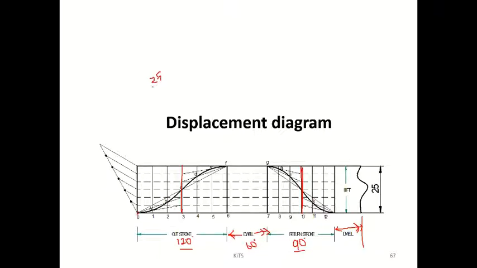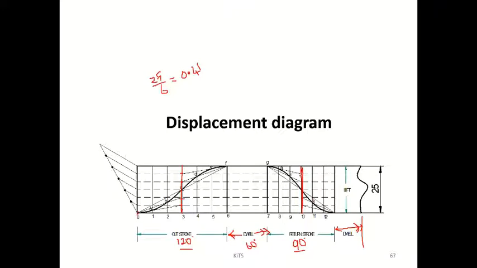If you divide 2.5 centimeter by 6, what will you get? You will get 0.41, that is about 4 mm. So 4 mm, 4 mm, 4 mm, 4 mm.